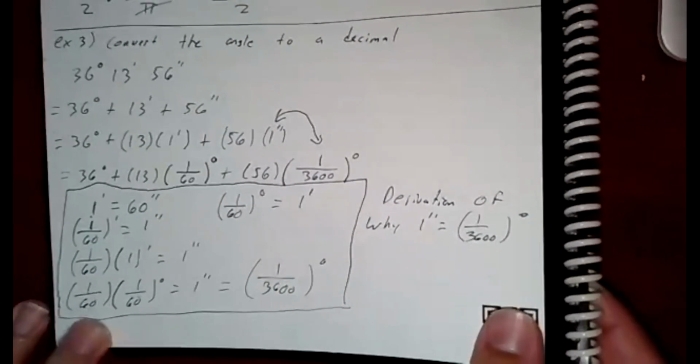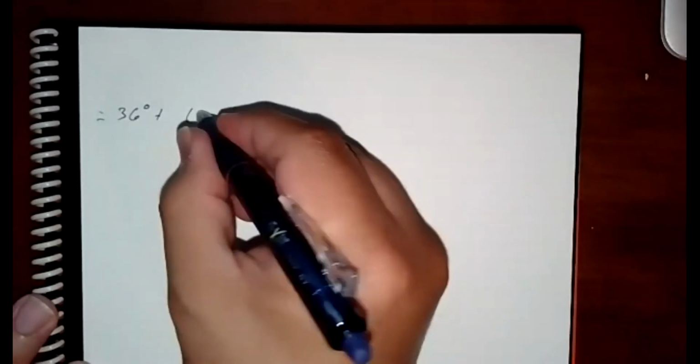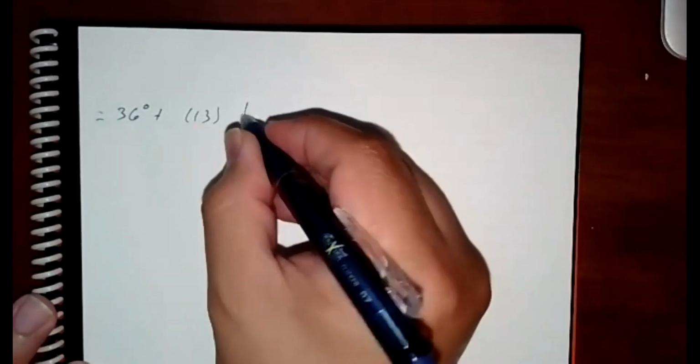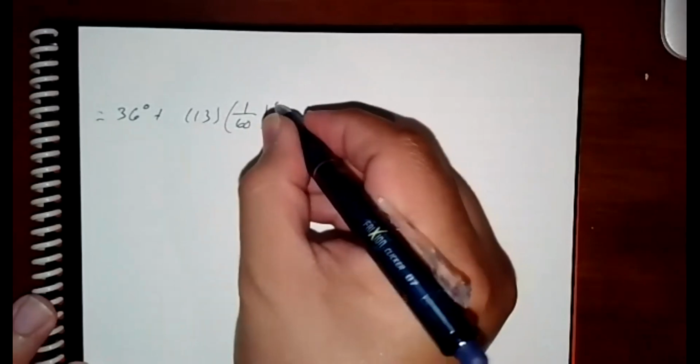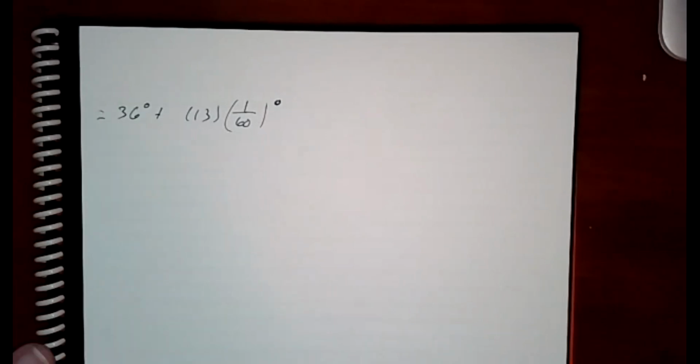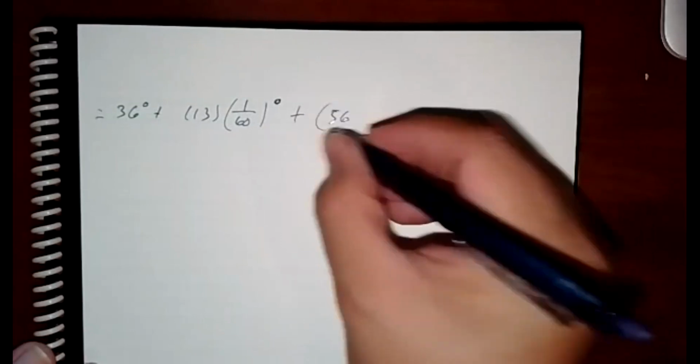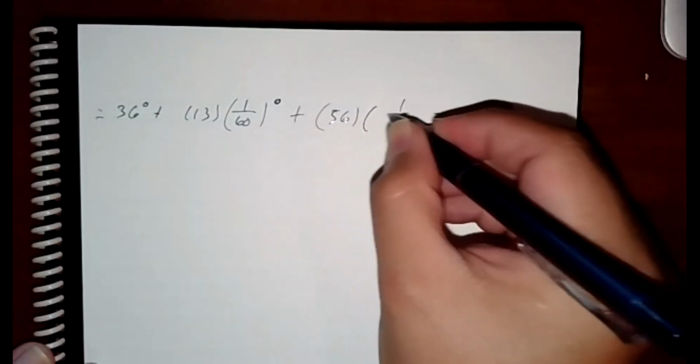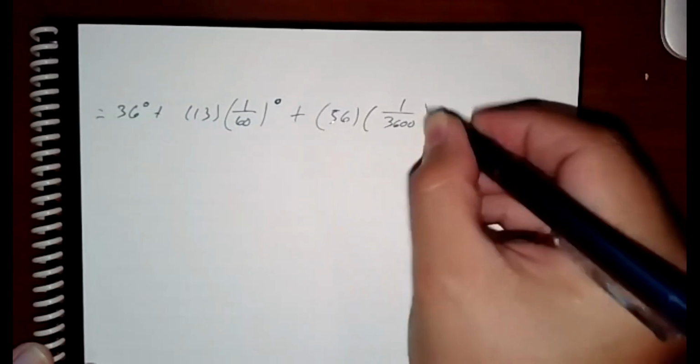All right, so I'm going to have to copy paste that over here. So we had 36 degrees plus 13 times 1/60 degrees. Remember, we're trying to get everything into degrees. That's what we're doing. Plus 56 times 1/3600 degrees.